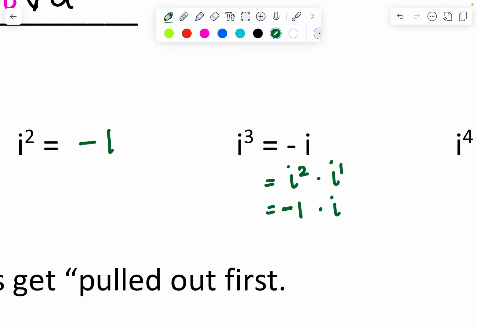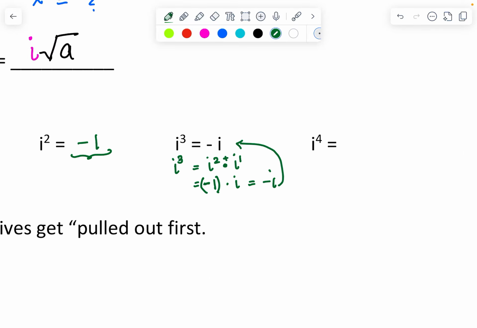Remember, when you have the same base, keep the base and add your exponents, so 2 plus 1 is 3, so that's the breakdown for that guy. But we also know that i squared is a negative 1, so I'm going to replace i squared with a negative 1, and negative 1 times i gives us that negative i.